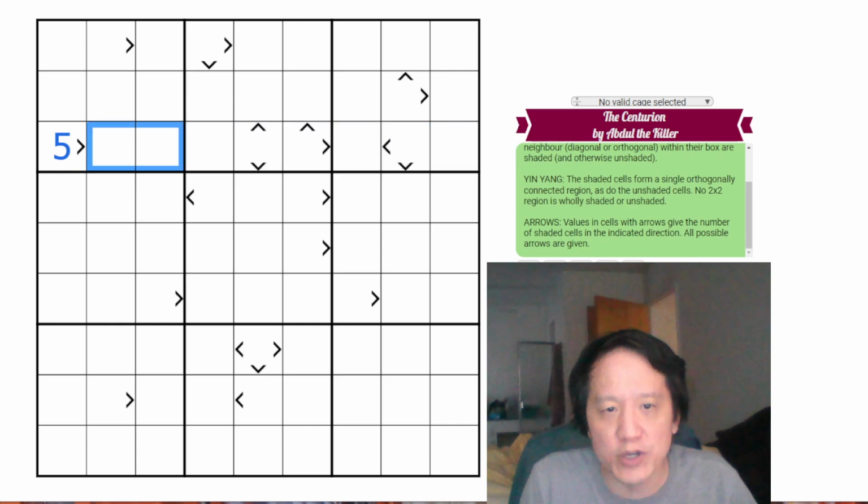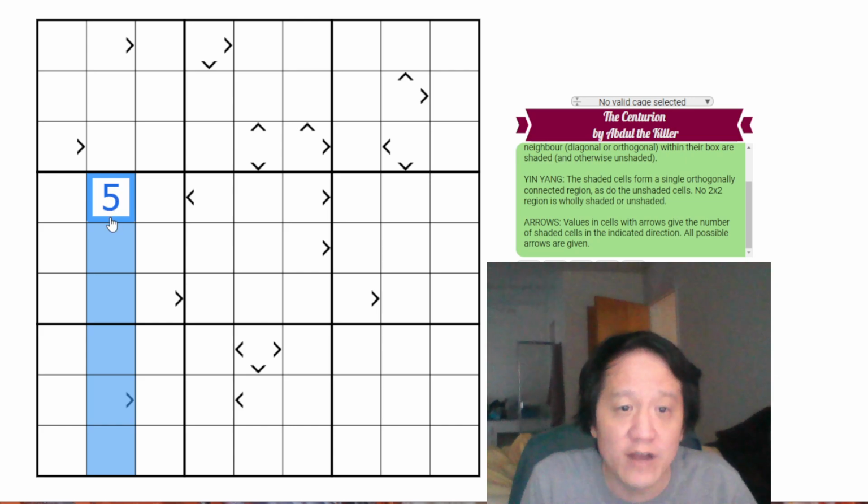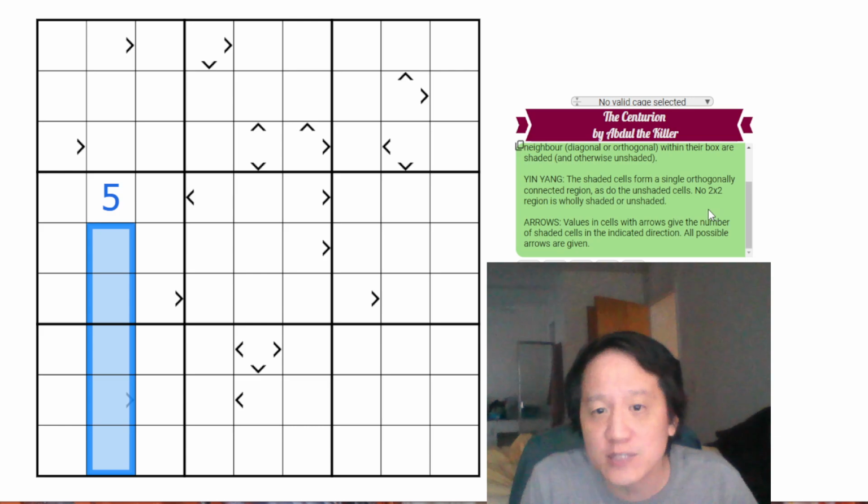And also we know that if there is a 5 and there are 5 shaded cells, this is not possible because this would have to have an arrow with it. So the 5 would have to be pointing this way, and it would have to be an arrow. That's what the negative constraint is. It says all possible arrows are given.